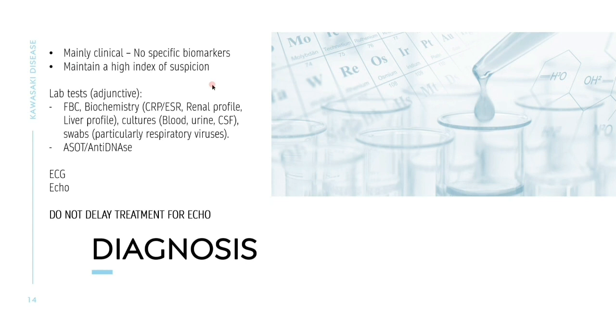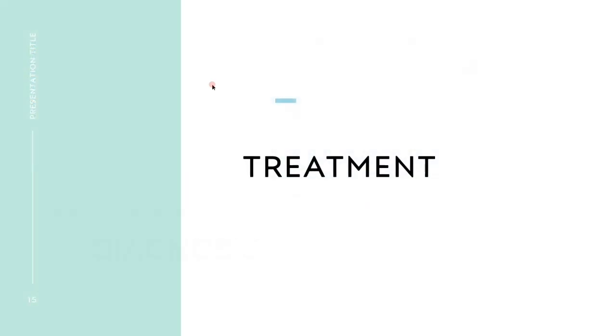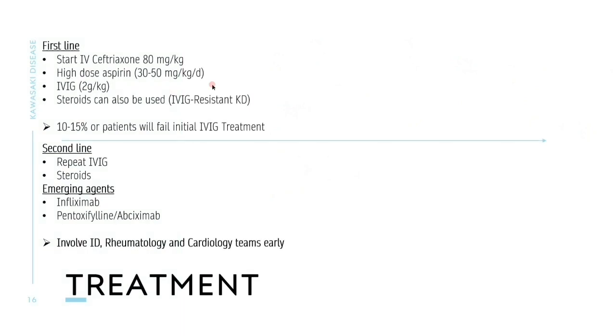You will need an ECG, in case to detect if there's myocarditis or pericarditis or certain arrhythmias, and you'll need an echo, but that can be later. And the biggest takeaway of this is if you have a high suspicion for Kawasaki, you should not delay the treatment for echo. You just need to start it.